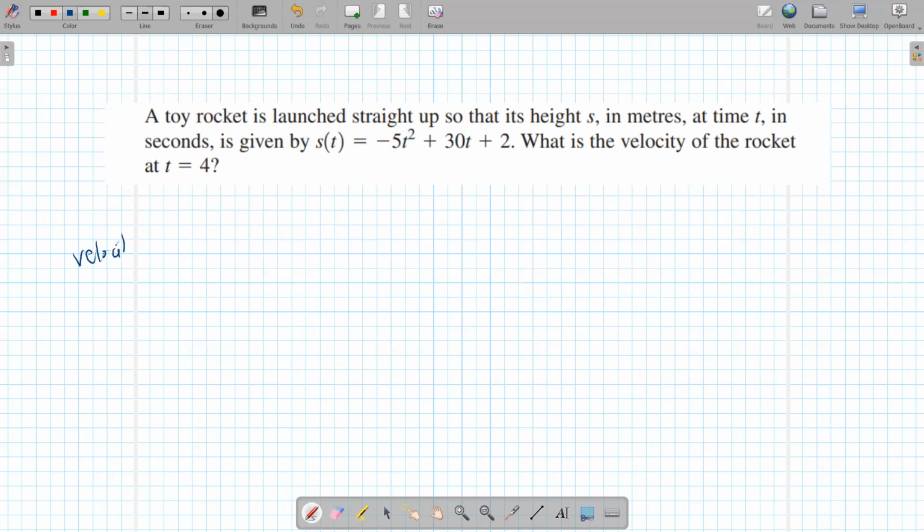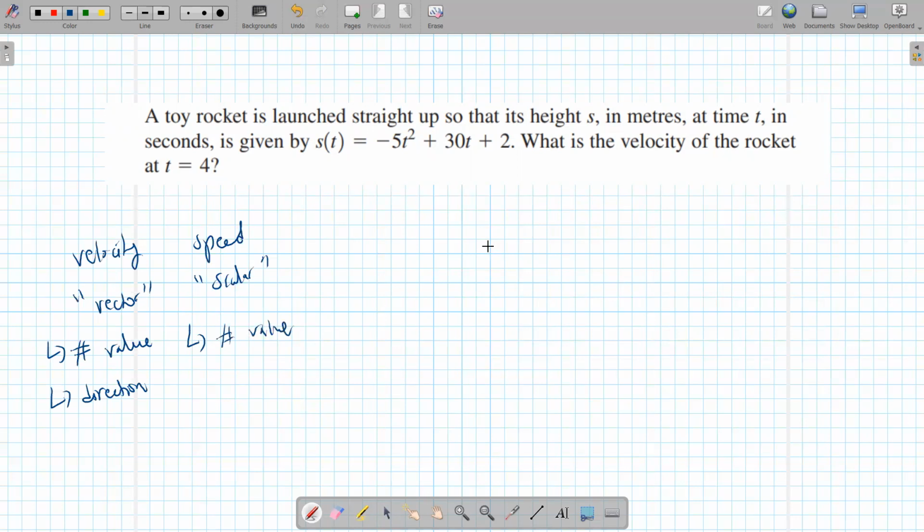Velocity is something called a vector. It has a value and it has a direction. Speed doesn't have a direction. It's just a scalar, not a vector at all. It just has a certain value.